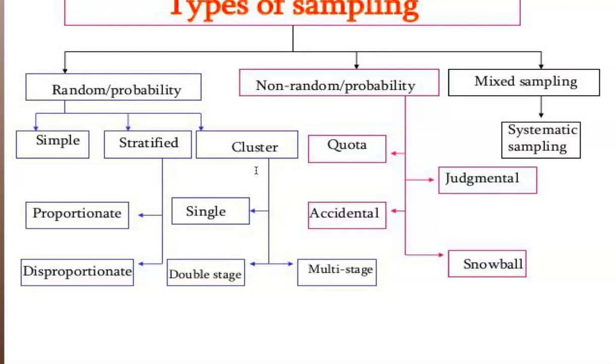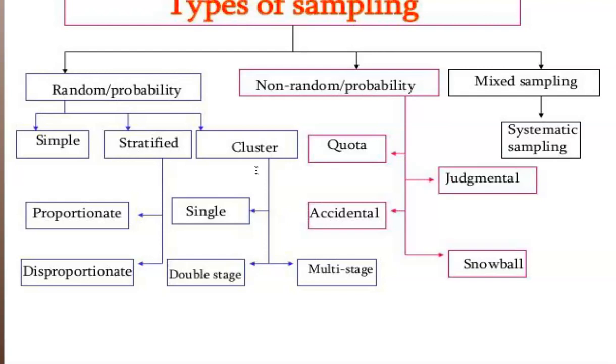Random sampling can be further classified as simple or stratified or cluster, whereas cluster sampling can be further classified as single, double stage, or multi-stage. Whereas stratified sampling can also be further categorized as proportionate stratified and disproportionate stratified.